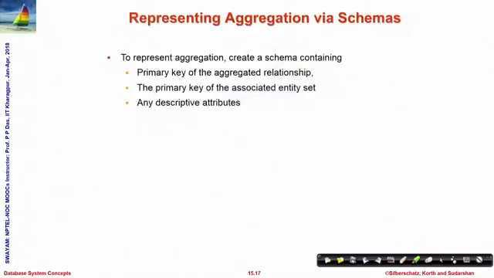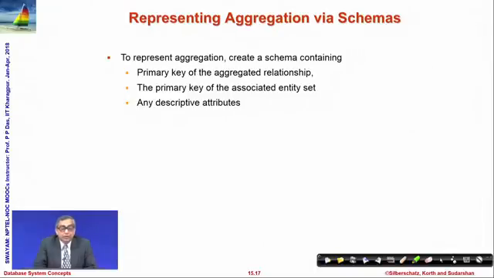So, this can be represented again, how to represent this in terms of the schema. What we do is represent the aggregation: we create a schema containing the primary key of the aggregated relationship, the primary key of the associated entity set and all the other descriptive attributes, and put them together.